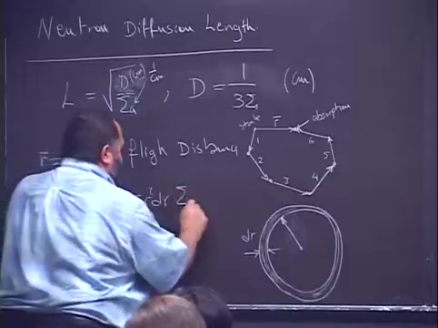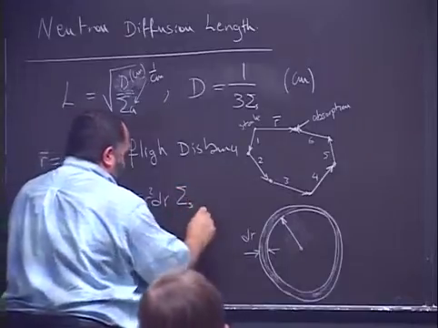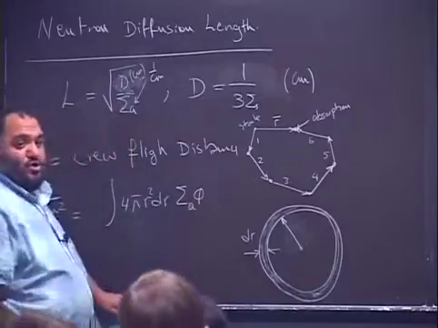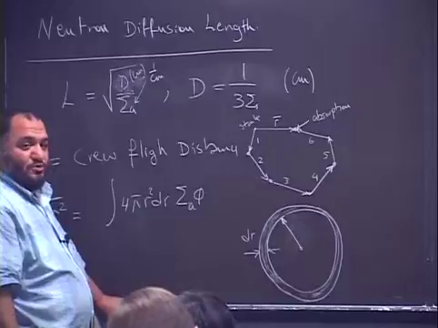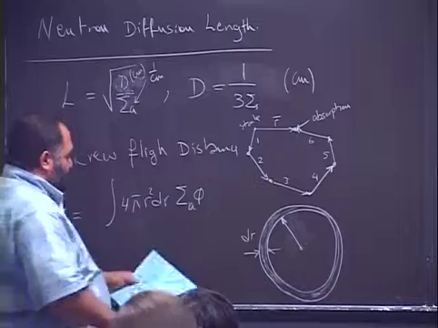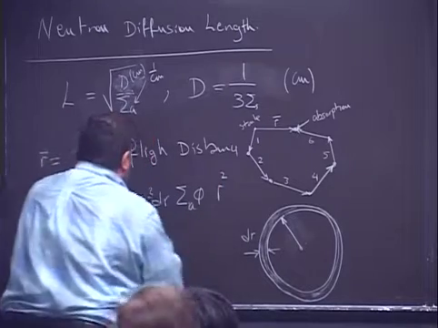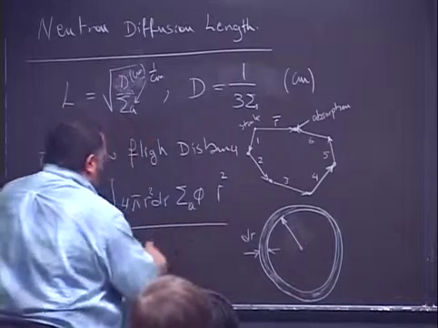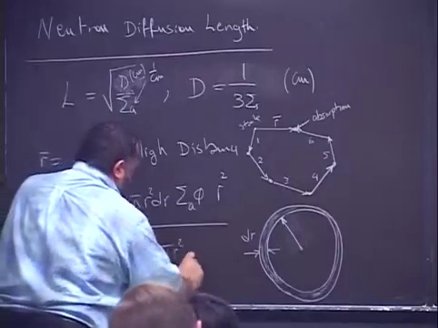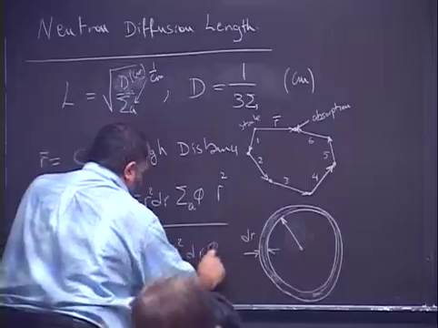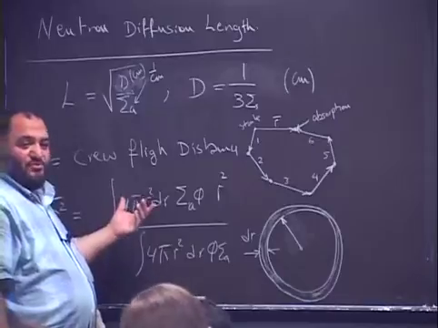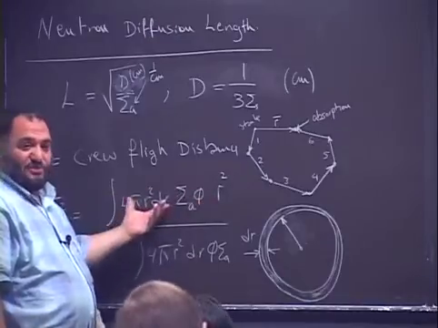When you multiply this by sigma absorption and phi, this will give you the total number of absorbed neutrons inside the spherical shell. In order to average r square, we do this averaging process, 4 pi r square dr phi sigma absorption. If you remember, the averaging process is you just average over a probability function.